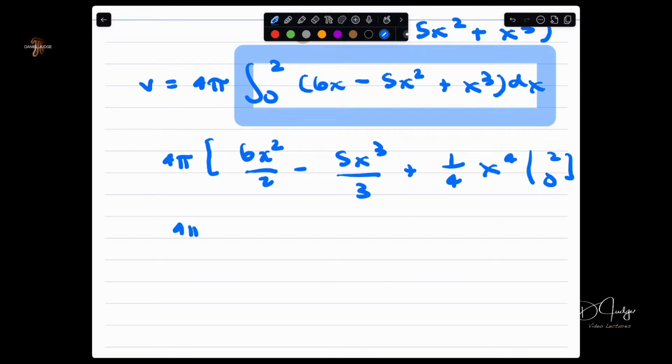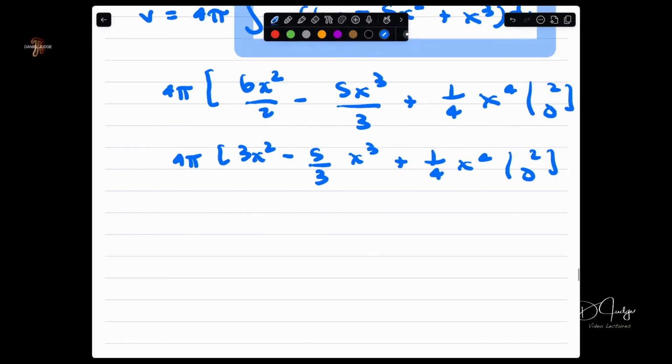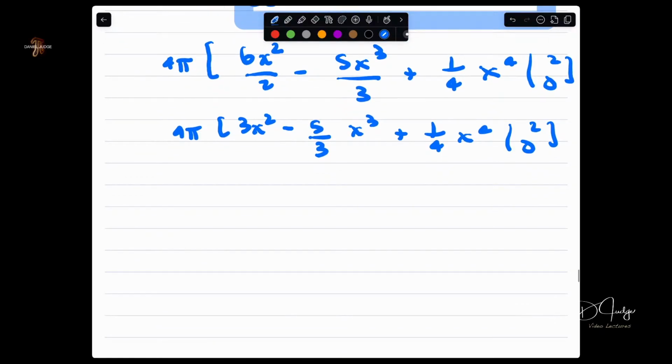Okay, let's simplify here. All right, so if this is f of x, we get what? F of 2 minus f of 0.